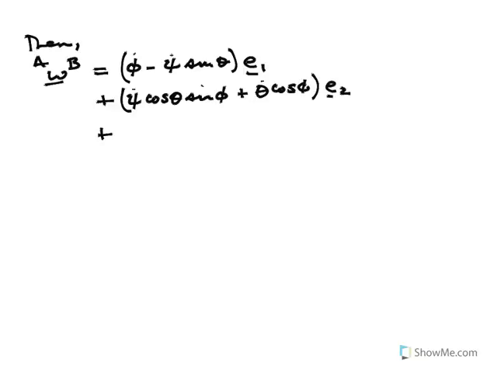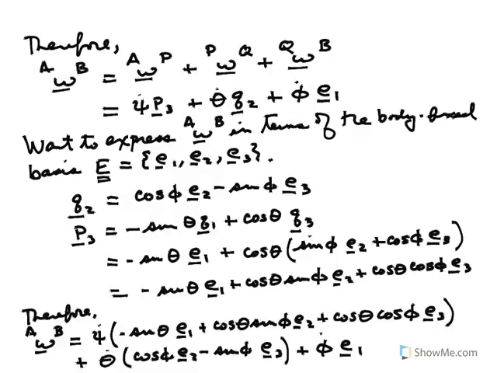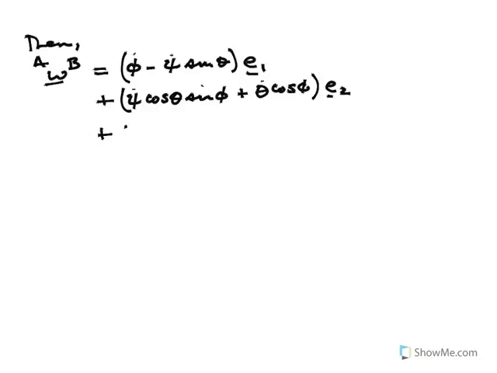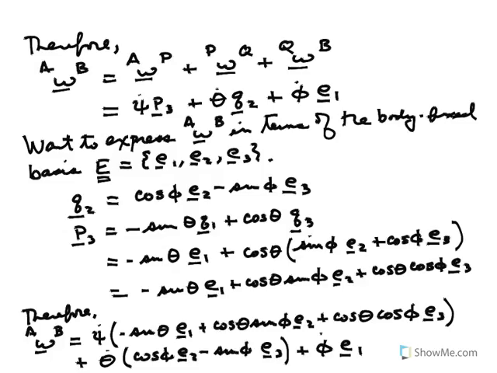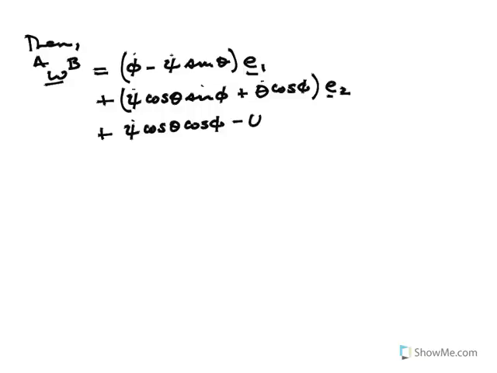And then the last one is E3. I've got psi dot cosine theta cosine of phi, and then minus theta dot sine phi. And that's times E3.